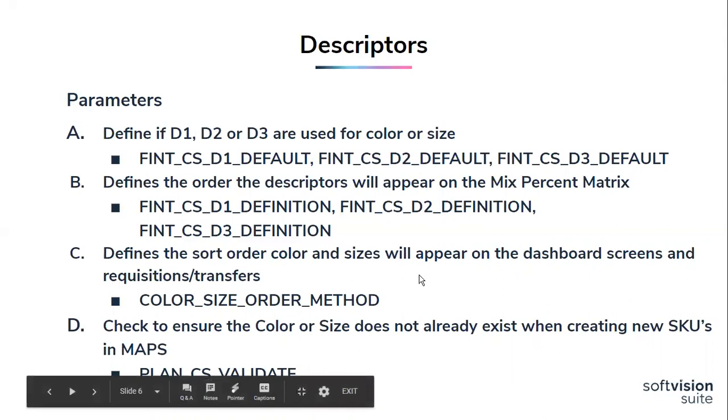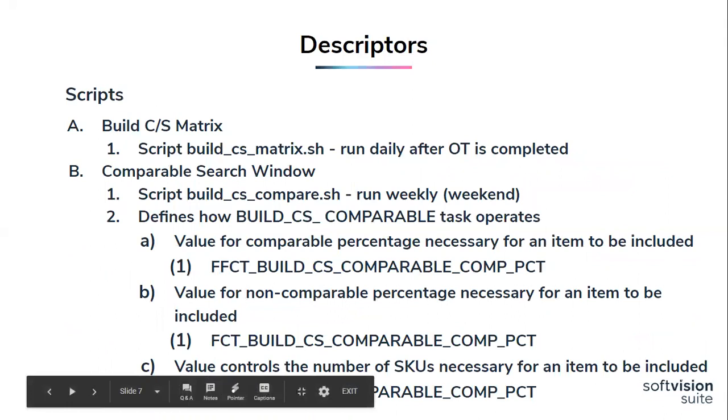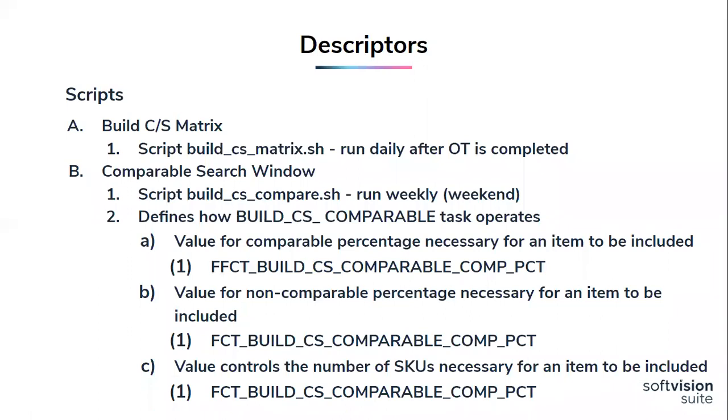So next are two scripts that are utilized when managing colors and sizes. The first is the CX, it's called Build CS Matrix, that you see on your dashboard. This is typically run daily, and it runs after the OT is completed, and preferably after master scheduling is completed, so we don't have any resource issues with the server itself.